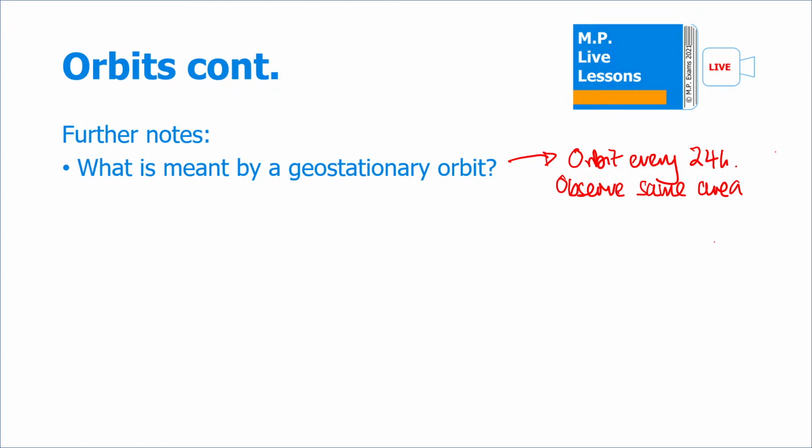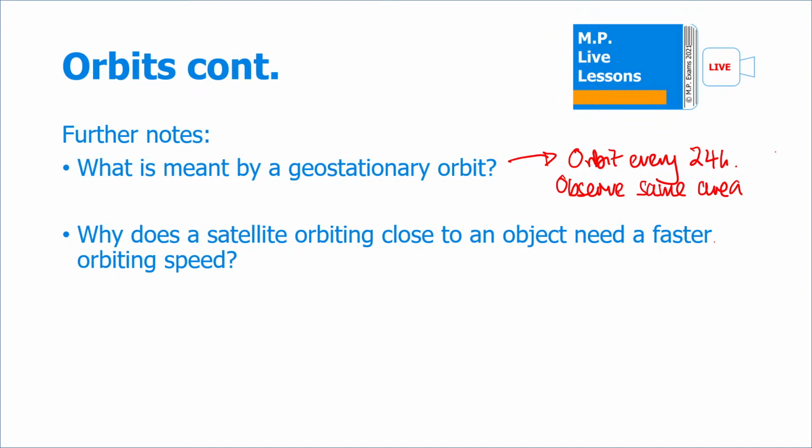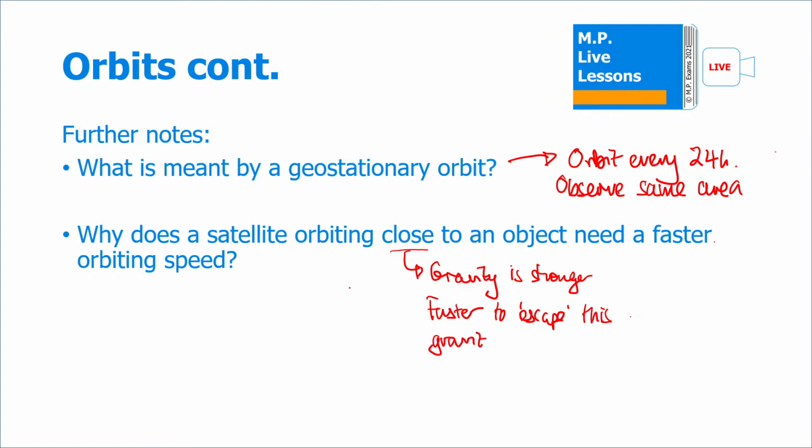And lastly, another note could be, why does a satellite orbiting close to an object need a faster orbiting speed? So this is actually because when closer, gravity is stronger. So it needs to be faster to escape this gravity and not get pulled in.